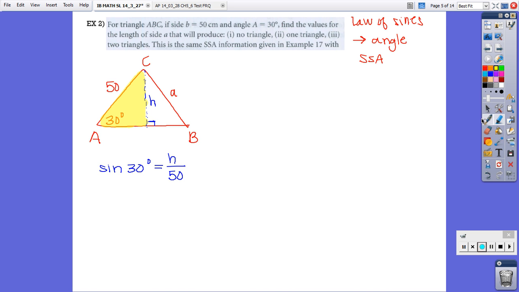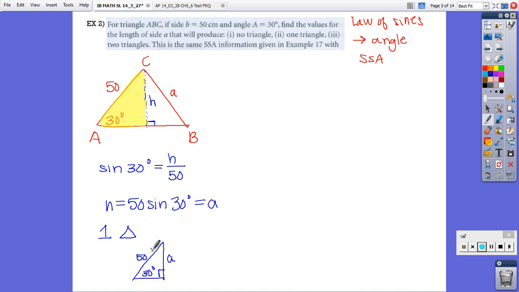So given that, if my height is 50 sine of 30, well, then that also tells me that if my A happens to be exactly 50 sine of 30, then I know that there would only be one possible triangle. And this is how we get one triangle. That one triangle happens to be the right triangle. There's no other possibility for A. And this is how it would happen.